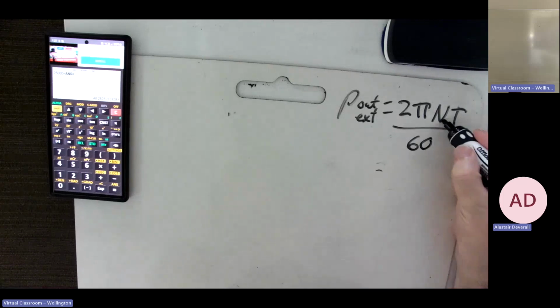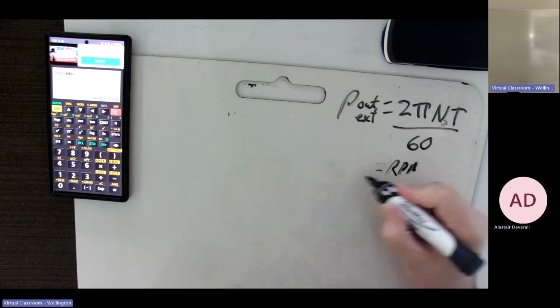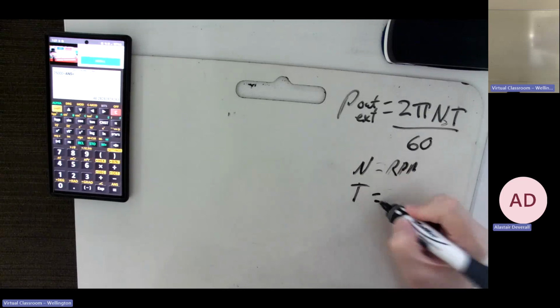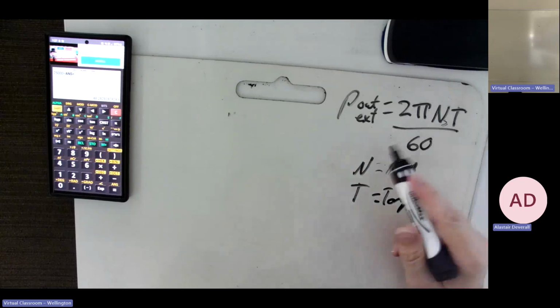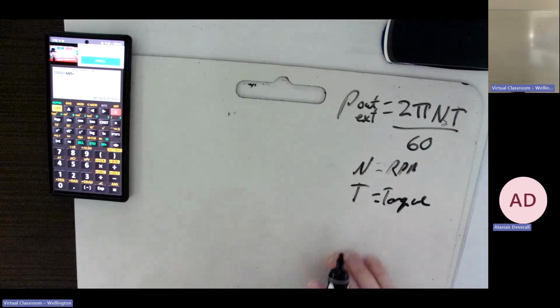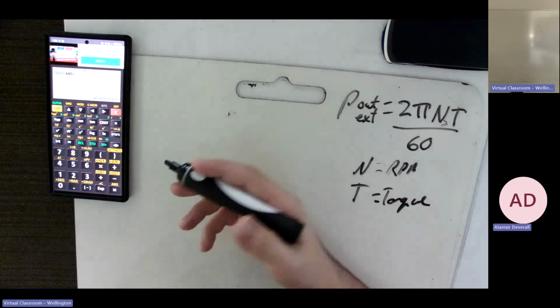N is our NS, so our RPM. N equals RPM, T equals torque. And so now we have our output power, which is what we're trying to calculate.